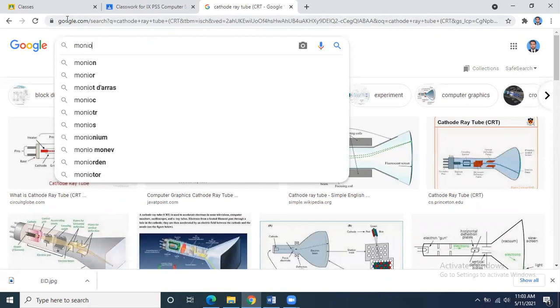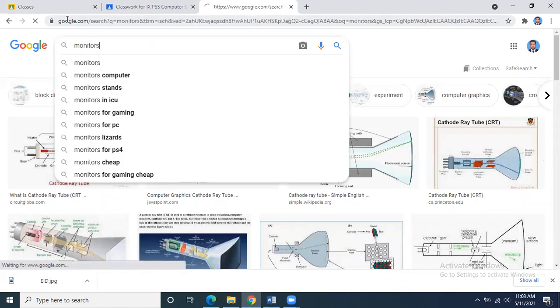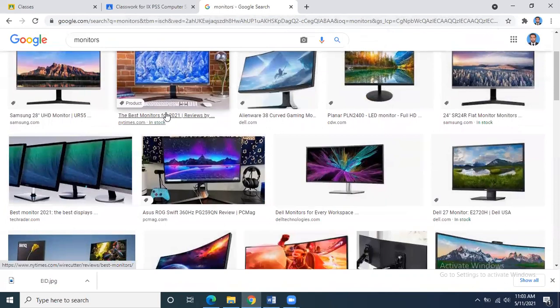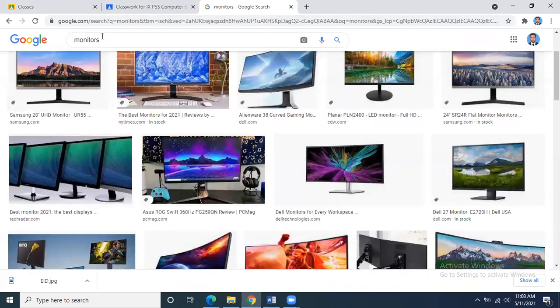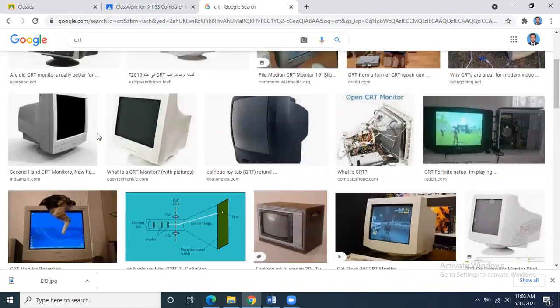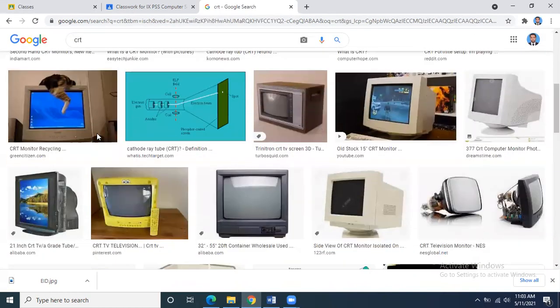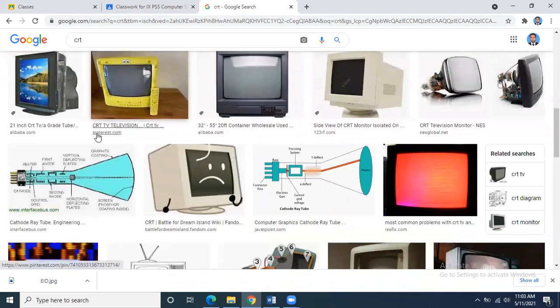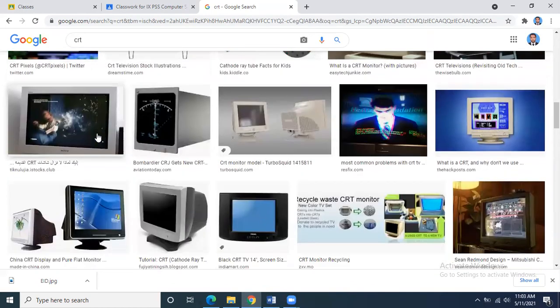Monitors means this kind of device. CRT is basically a television-like device, which is normally large in size if we compare it with the modern LCD and LED devices.